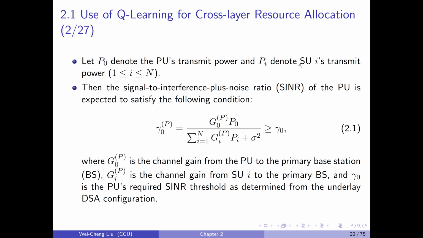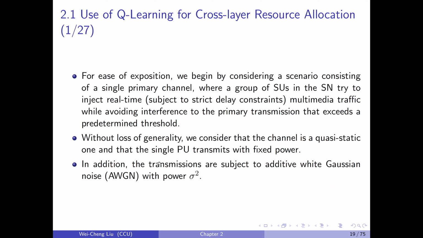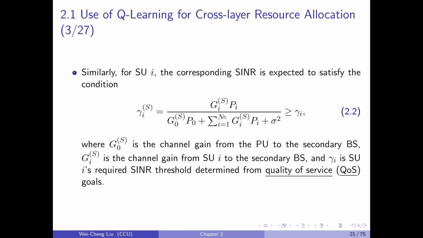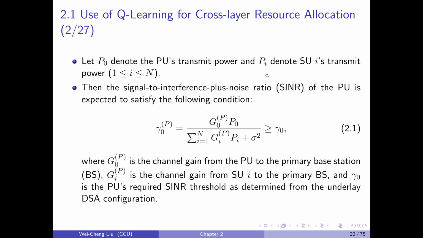Pi denotes secondary user I's transmit power, where 1 is smaller than or equal to I, and I is smaller than or equal to capital N. P0 denotes the primary user's transmit power, and the transmissions are subject to an additive white Gaussian noise AWGN with power sigma squared. Okay, and what is capital N? Capital N is the number of the secondary users.